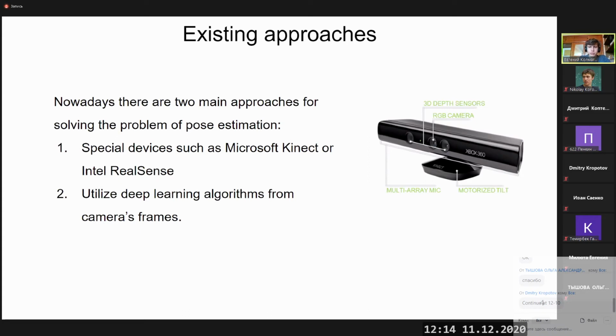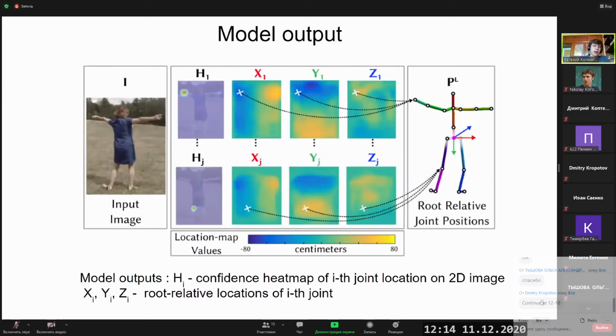The authors of this paper try to speed up predictions of pose estimation and incorporate these predictions on mobile phones. Okay, I will start with model outputs because it will be more understandable for you.